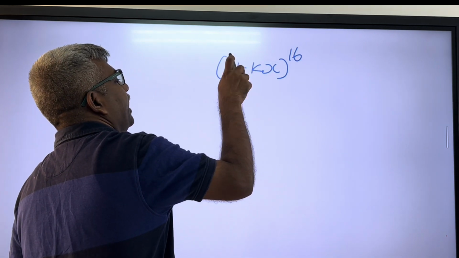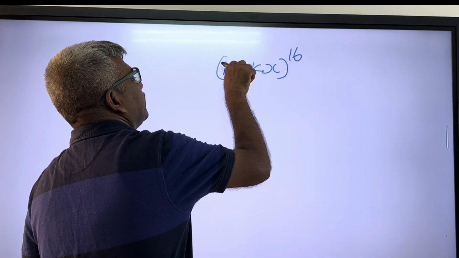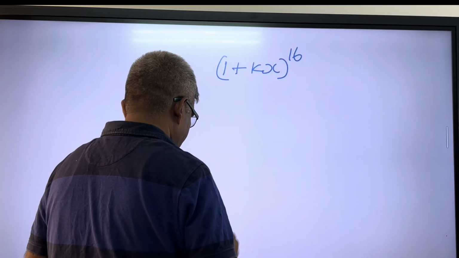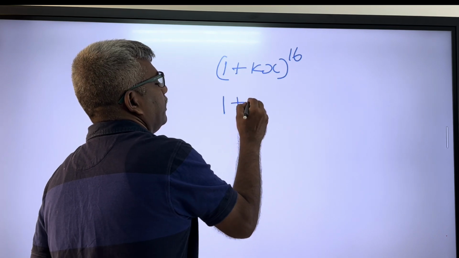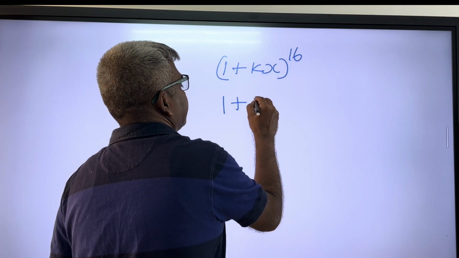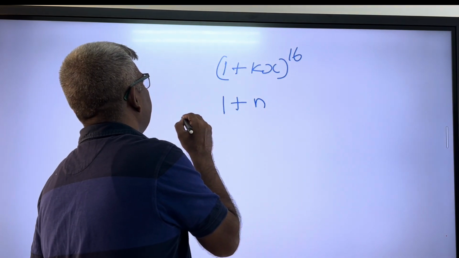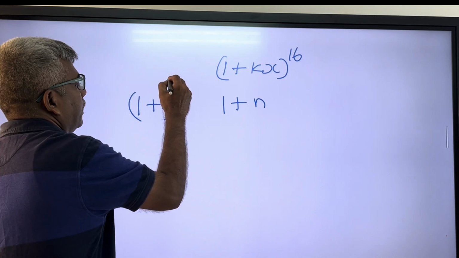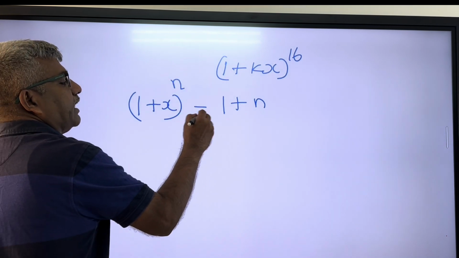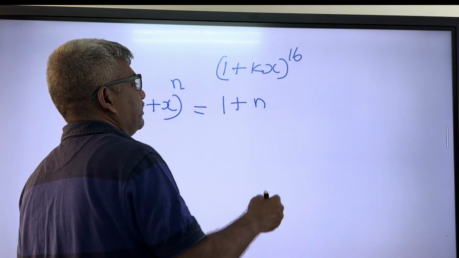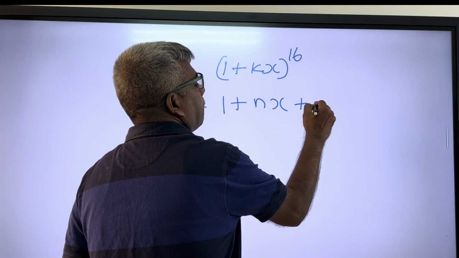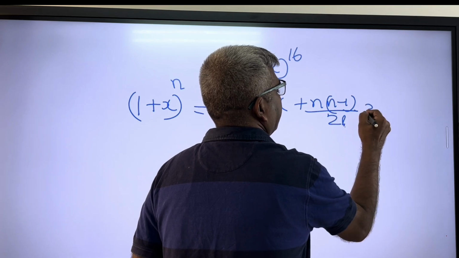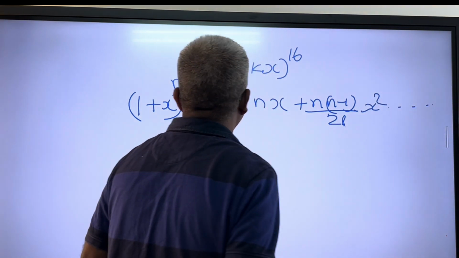If instead of a, this a part is 1, you can easily do it. There is no a power that will come. I will give the formula for it in binomial expansion in chapter P4 in your next year: 1 plus nx plus n into n minus 1 over factorial 2 x squared, and so on.